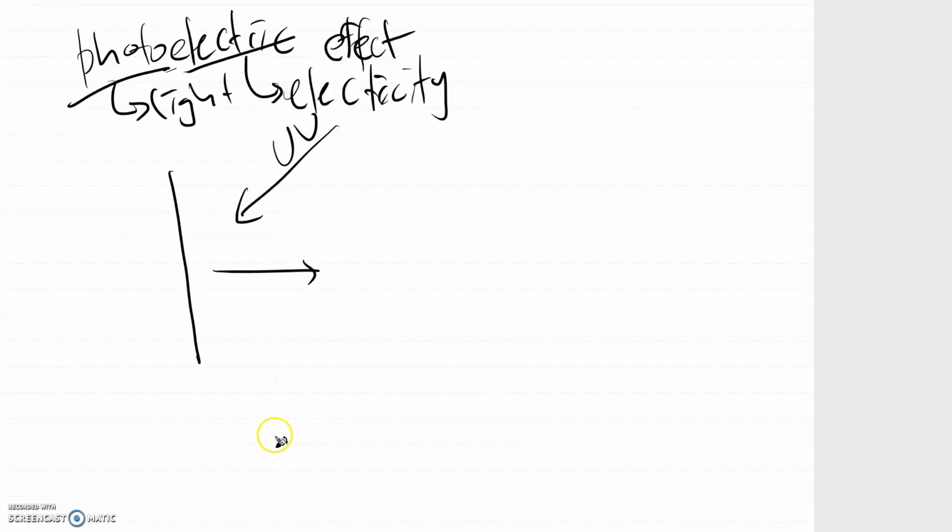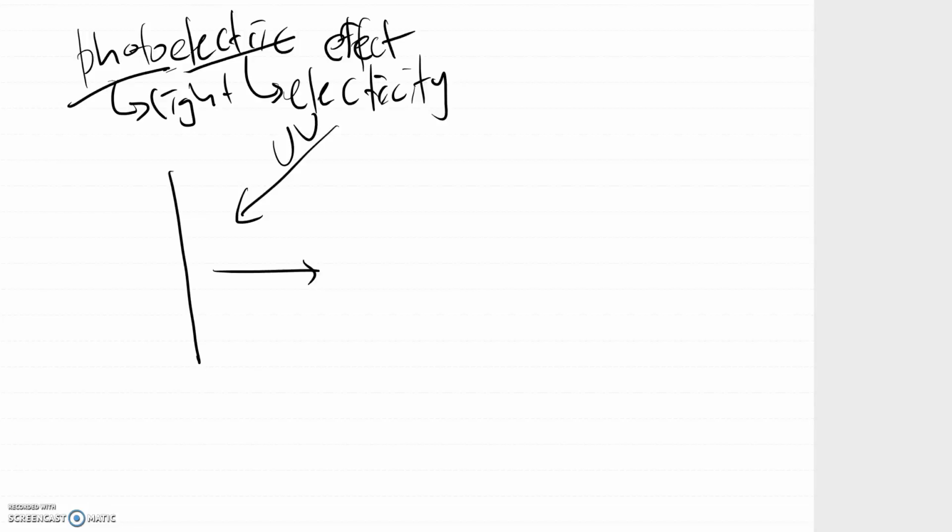Likewise, we define the photoelectric effect as a phenomenon where when you emit radiation onto the surface of a metal, you get an electron coming out. That's the definition of the photoelectric effect.